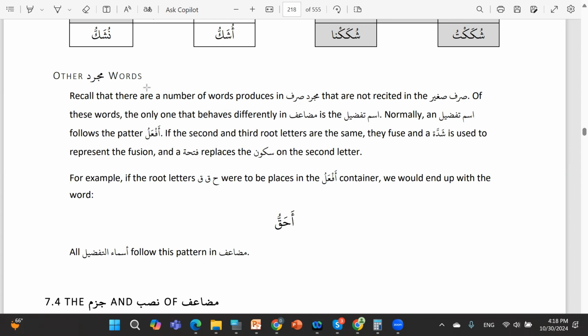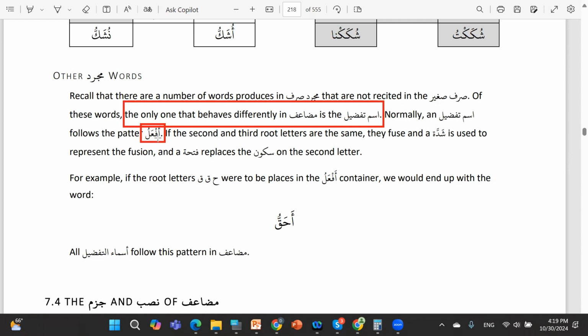Over here, the only one that behaves differently in Muda'af is the Ism Tafdil. Ism Tafdil comes on the pattern of af'alu. In Muda'af, instead of af'alu, it becomes afallu, because ayn and lam kalma are the same.